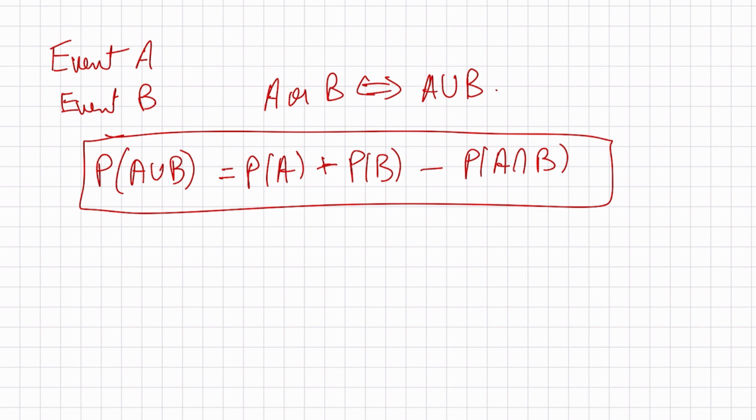Either one of them has to happen or both. A or B means A happening or B happening, or both of them happen, right? So this is nothing but the probability of A plus the probability of B minus the probability of A intersection B.